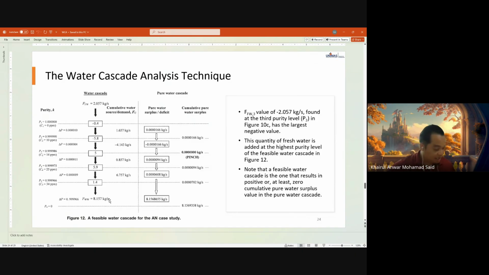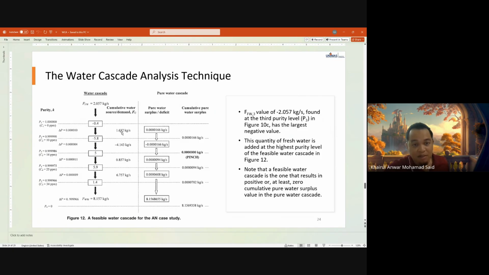You see the increasing amount of wastewater because you add fresh water, so some will become wastewater. At 8.157 kg per second, water will become the wastewater.